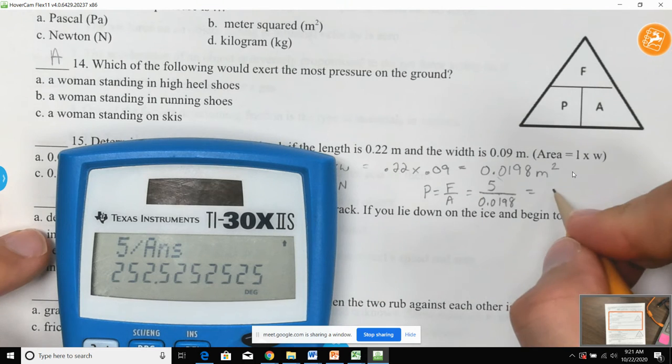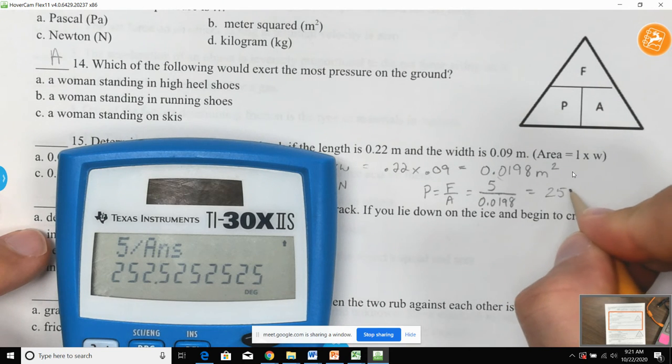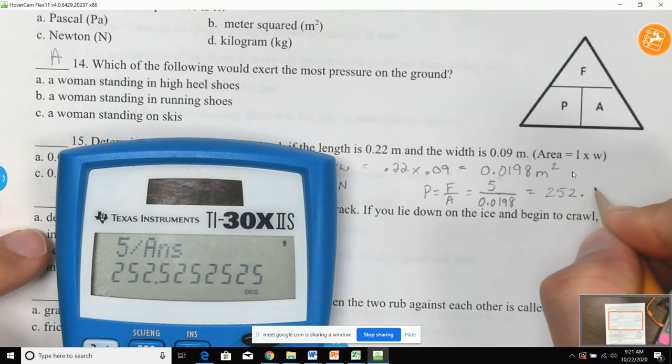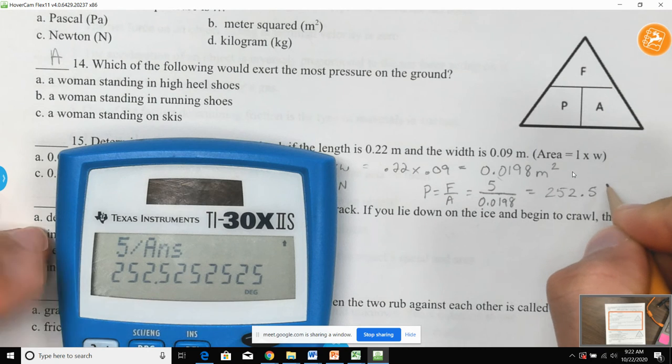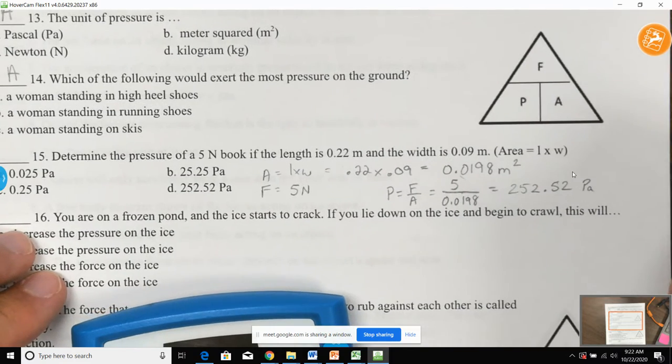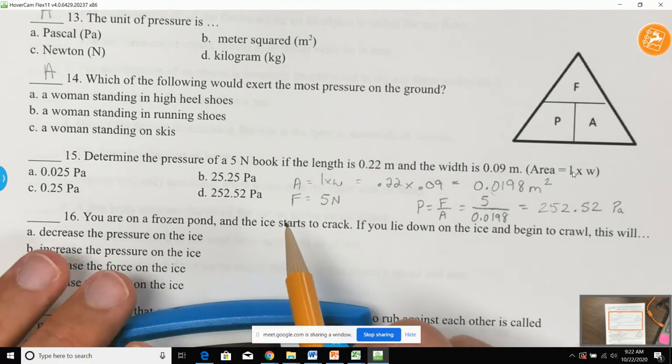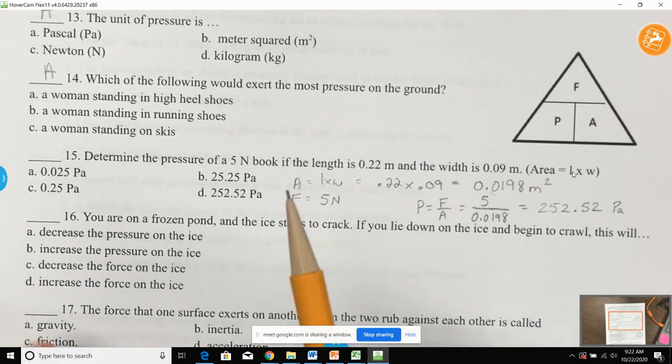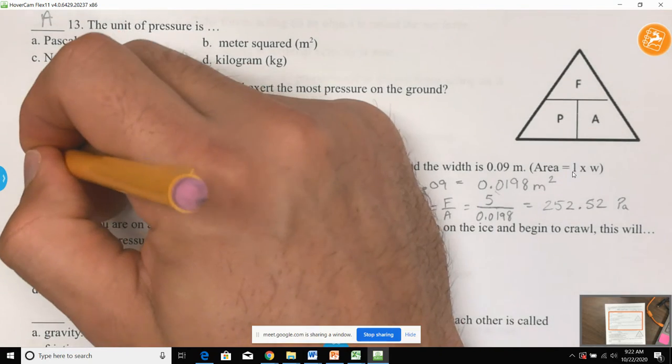I'm getting about 252.5, whatever, and the unit will be in pascals, capital P, lowercase a, and the answer that matches that is letter D.